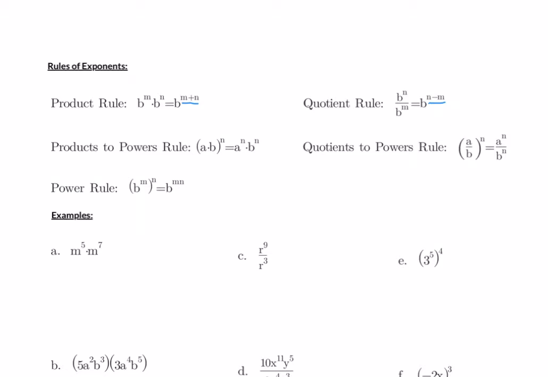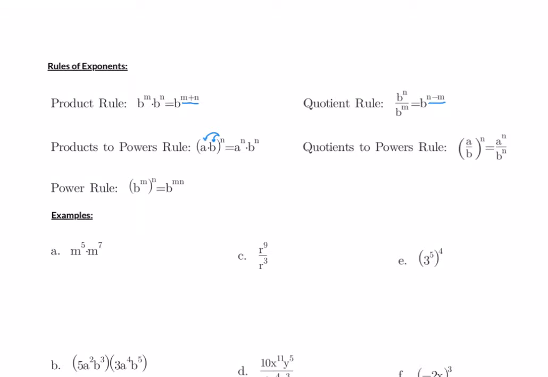The next rule we have is the products to powers rule. If you are multiplying two numbers raised to an exponent, you can think of this as distributing the exponent. Everything inside the parentheses is going to be raised to the exponent.